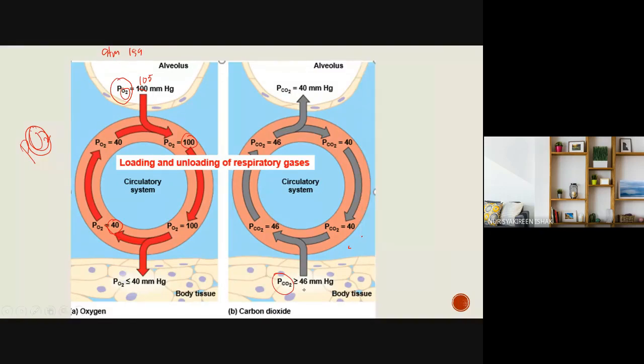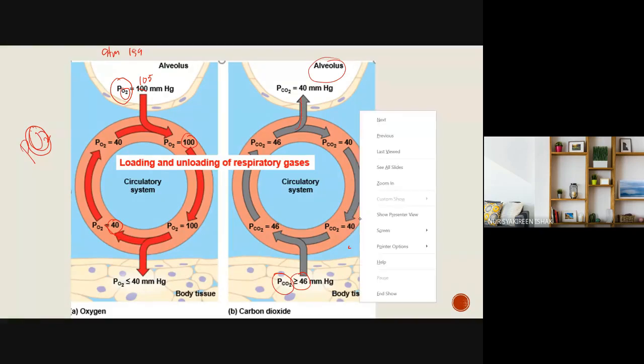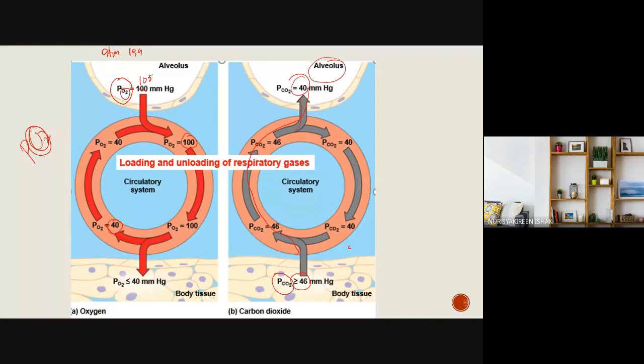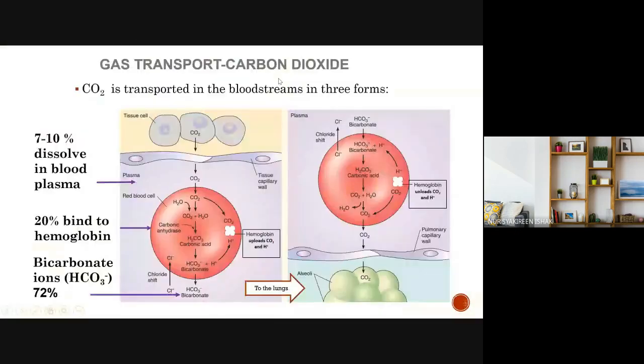So body cell is more than 46 millimeter mercury into your blood, which is 46, and then enters into your airspace in the alveolus, which is 40. Okay, so from high partial pressure of carbon dioxide to low partial pressure of carbon dioxide in the alveolus. Okay.